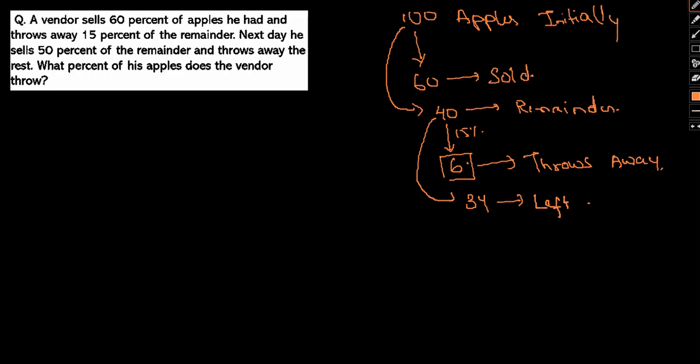Next day he sells 50% of the left. So of this 34, he sells 50%, that is 17, and the rest, 17, he throws away.